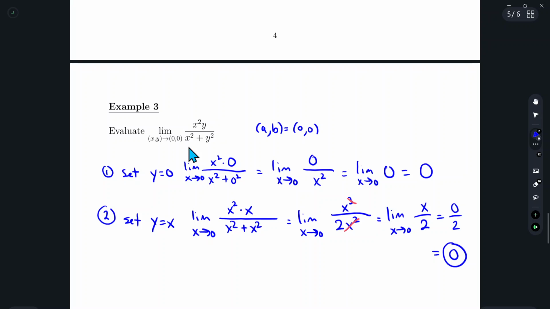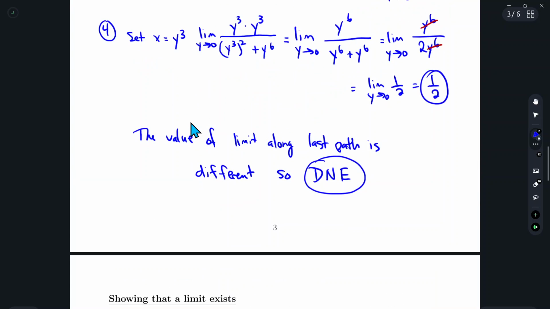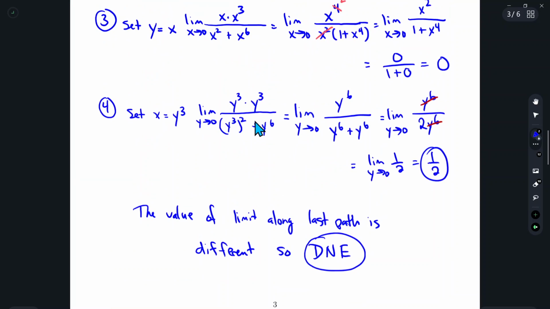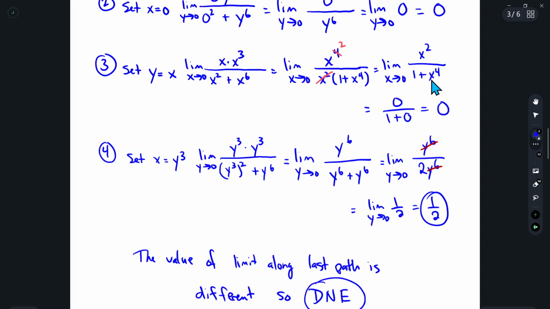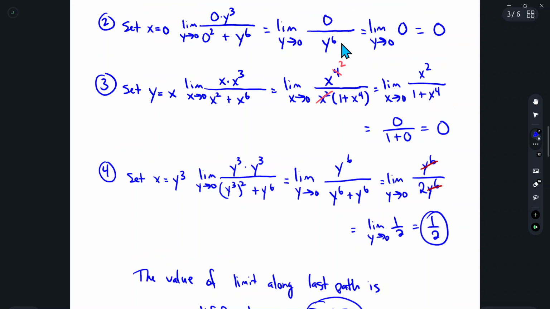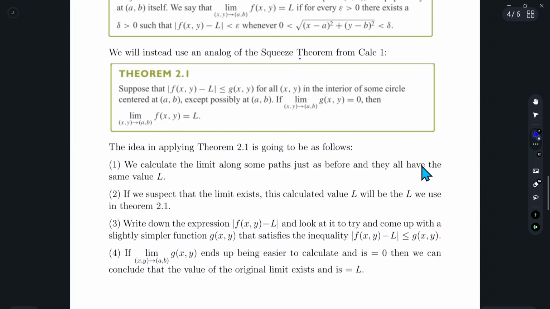So let's take a look at this function again, right? One of the key things that we've tried previously is to compare degrees, right? So when you have a mismatch here, the limit is 0. Here, when the degrees match, then it gives you a different value, right?